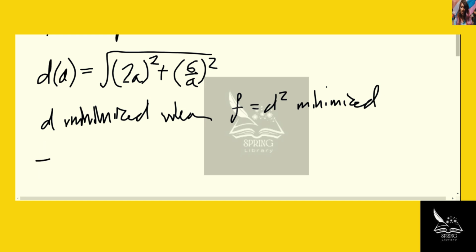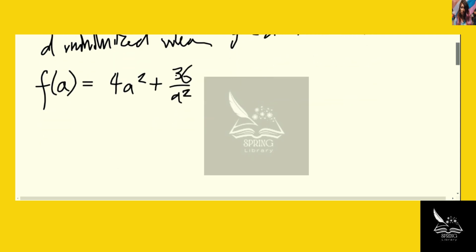So we have our function f of a, which is 4a squared plus 36 over a squared. Now we want to minimize f. So we'll differentiate and find where it's 0.